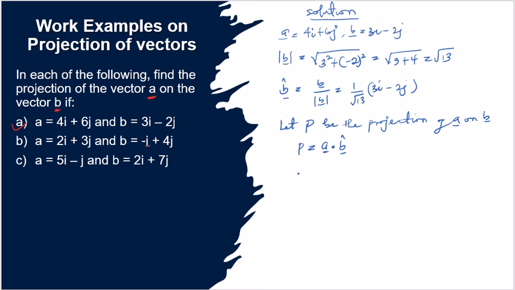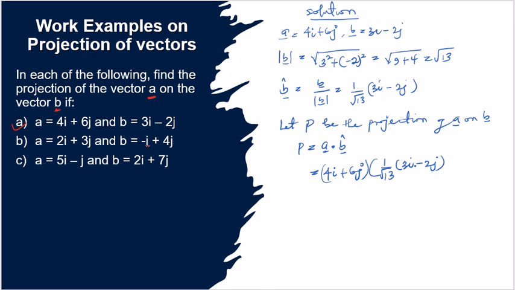So we are going to take that now. What's vector A? Vector A is 4i plus 6j. The unit vector of B is 1 over root 13 into 3i minus 2j.